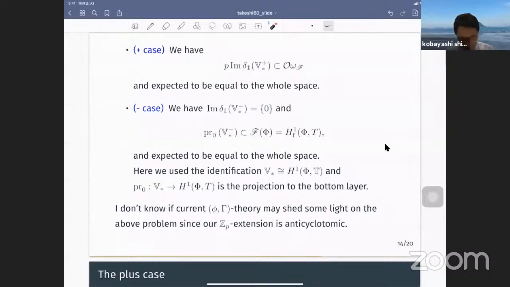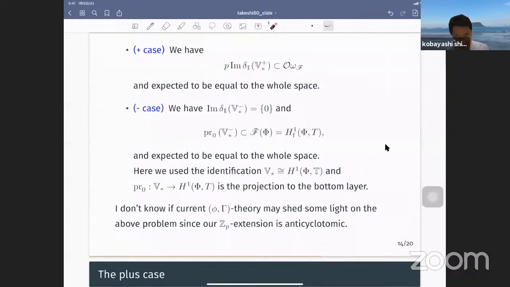Actually, for the cyclotomic case, the cyclotomic variation, we can consider a similar problem. But in this case, we can solve it by Honda's theory, for example, just like in my thesis. But currently, phi-gamma theory for the Rubin-Kato group is, I think, not so well developed, and I don't know if it is available to show such an integral property.